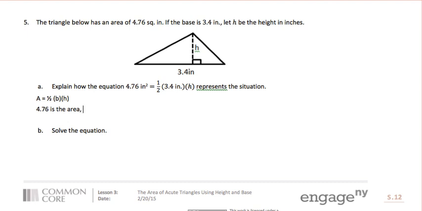The base, let's see, 3 and 4/10 is the base, and the height is the part we are looking for. The numbers were substituted.